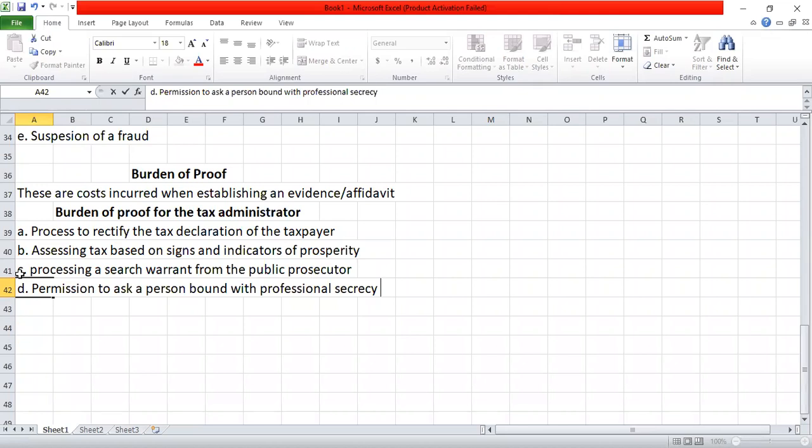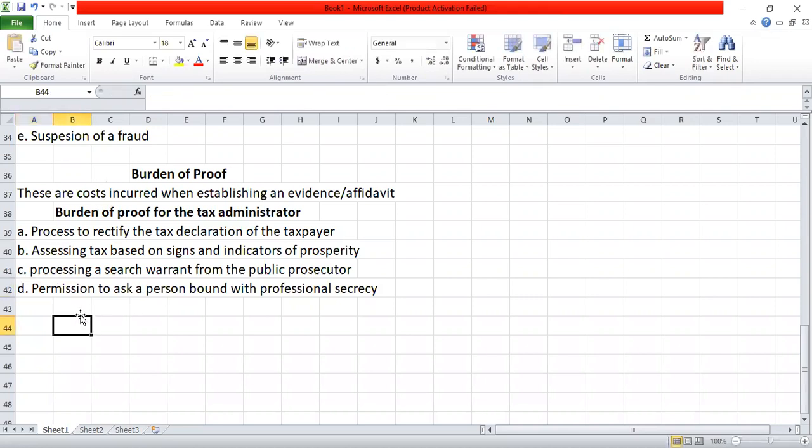The costs involved in getting that permission are borne by the tax administrator.